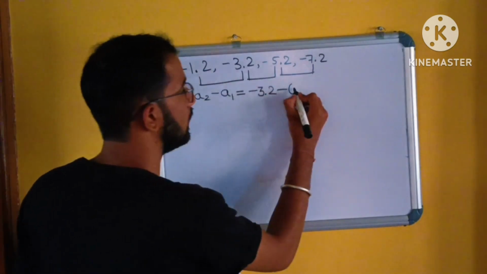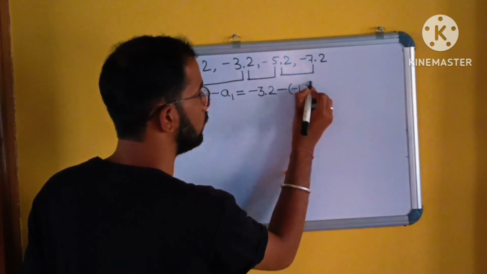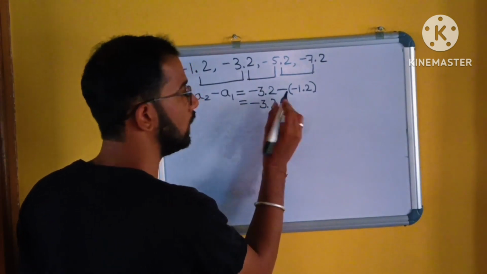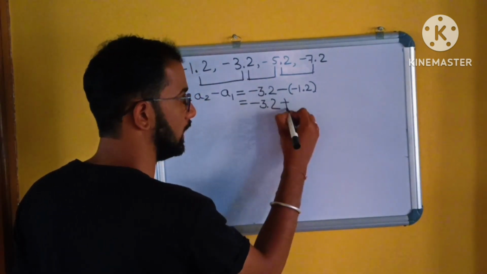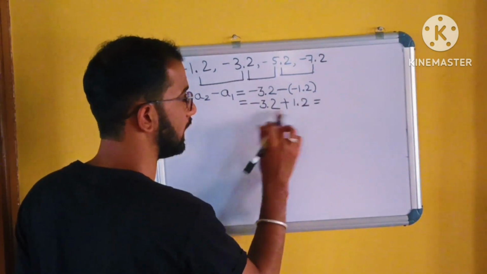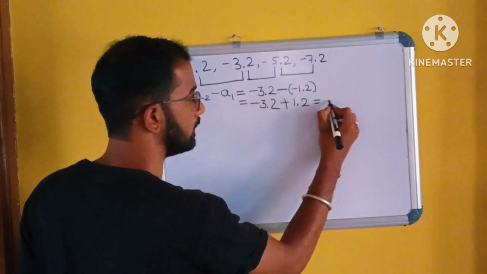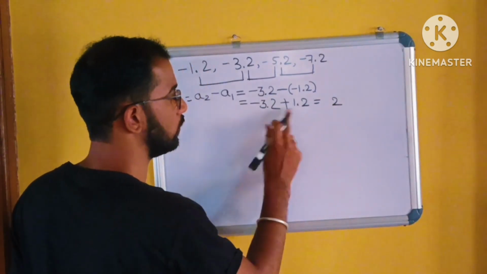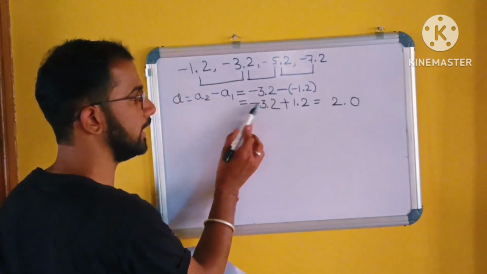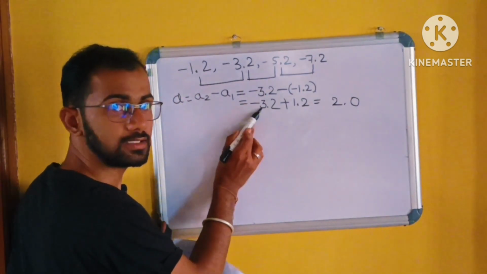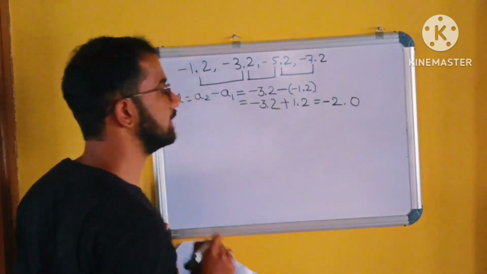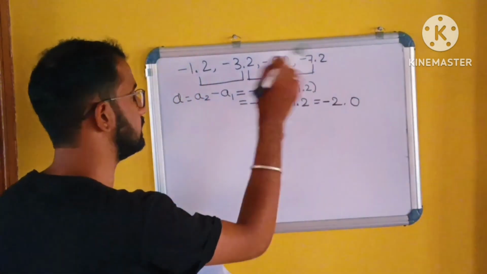It is minus 1.2. Minus 3.2, minus into minus is plus 1.2. If you subtract these two, 3 minus 1 is 2, 2 minus 2 is 0. And the sign before the larger number is minus, that's why we need to put the minus sign over here. This is the first difference.